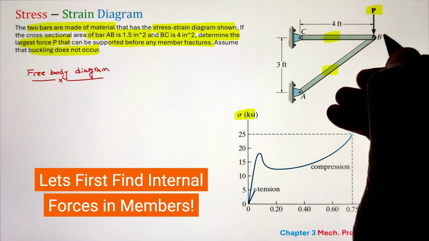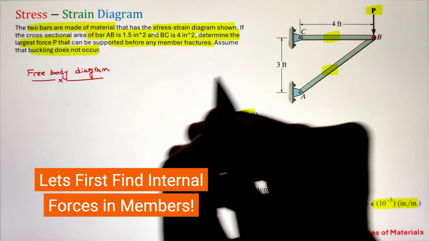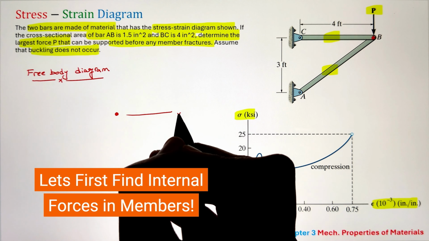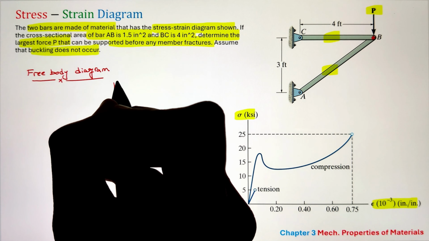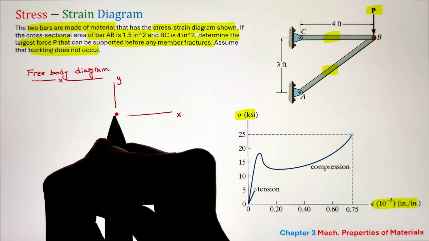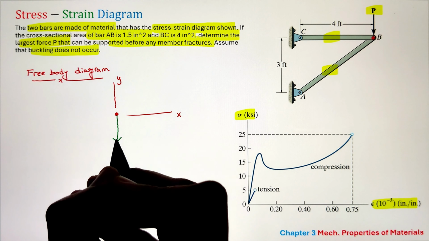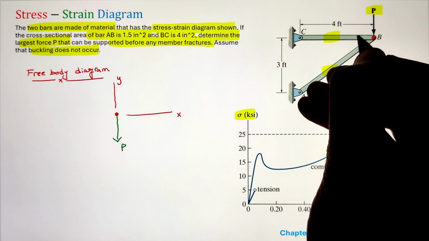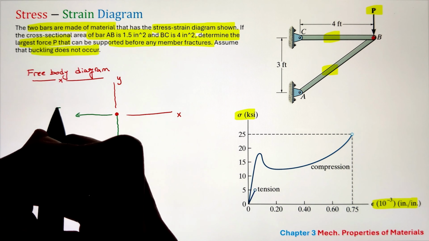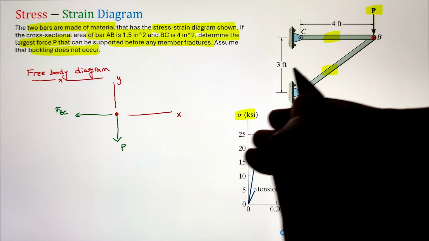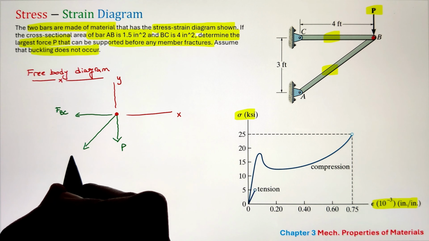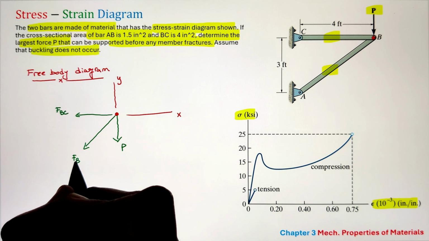Let's put our axis at point B. I have a vertical load of P acting downward, whereas we will have an internal force in the member CB given as FCB going away from point B. That indicates that we are assuming the force is in tension. Similarly, in the member BA, we have directed the force going away from point B, again assuming tension.